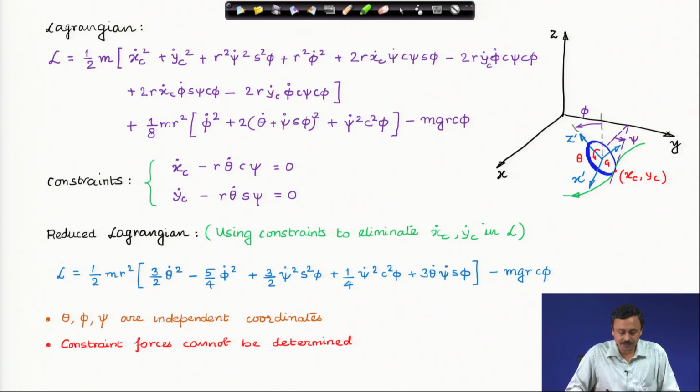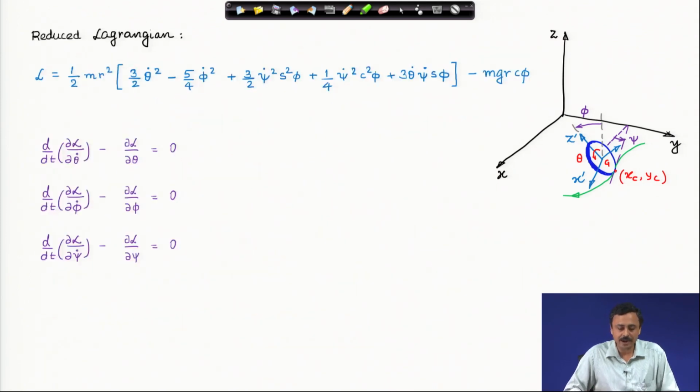Under those assumptions, we can derive the equations of motion and do something interesting. These are our equations of motion corresponding to the spin coordinate theta, the tilt coordinate phi and the orientational coordinate psi.